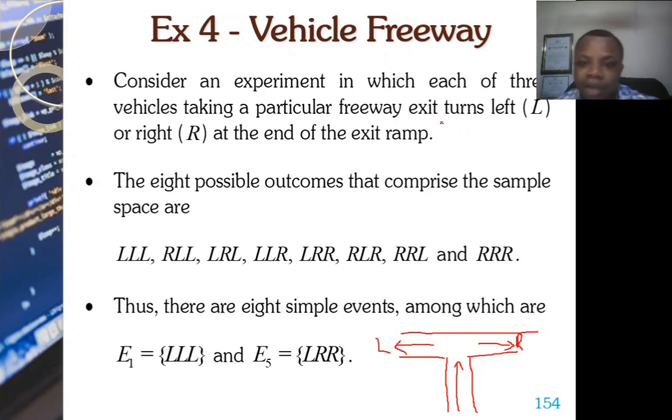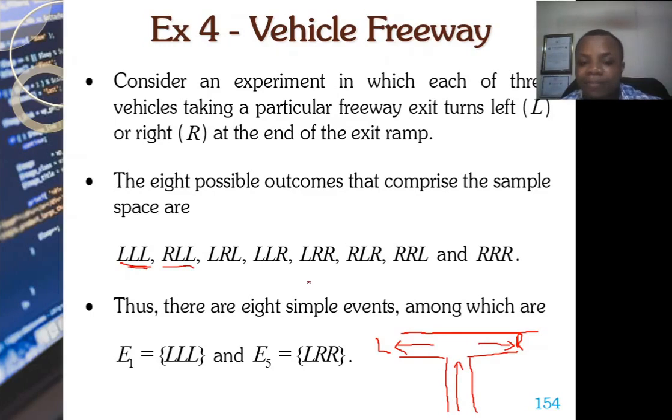Remember from the question, we have three vehicles coming. It could be that the first vehicle goes left, the second vehicle goes left, and the third vehicle goes left, and that is represented by what we have here. In that same case, the first vehicle could go right and the remaining two vehicles go left. That is what we have here.